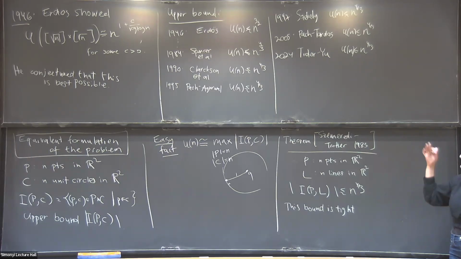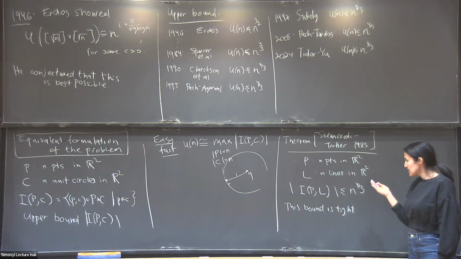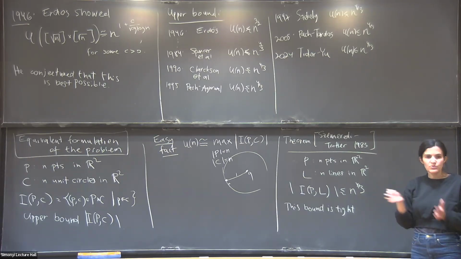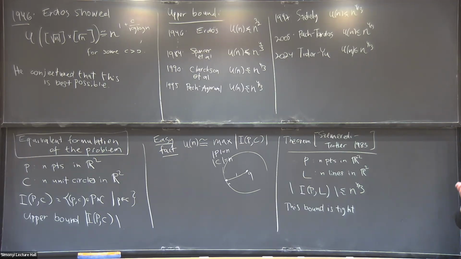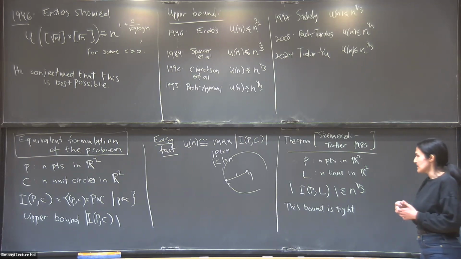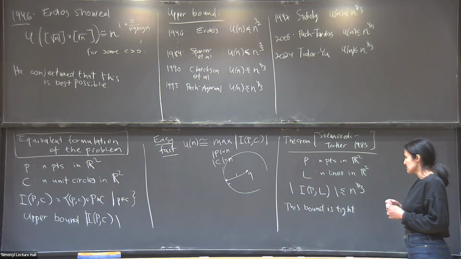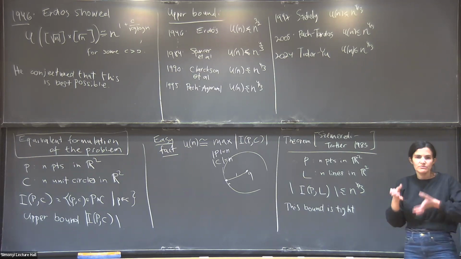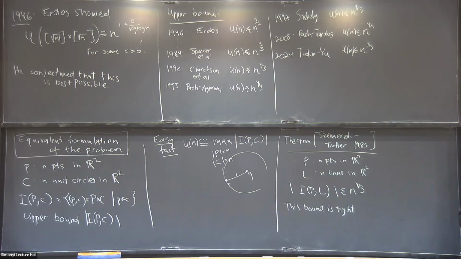In some sense, the reason that this unit distance problem is so hard is because if we want a new idea to tackle it, we need this idea to be very specific to circles, to this problem. So we need somehow to use specific properties of the unit circles.